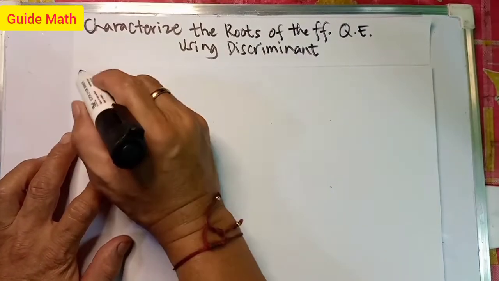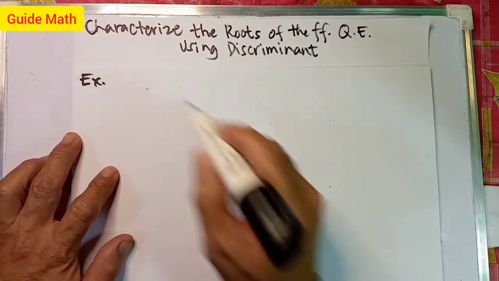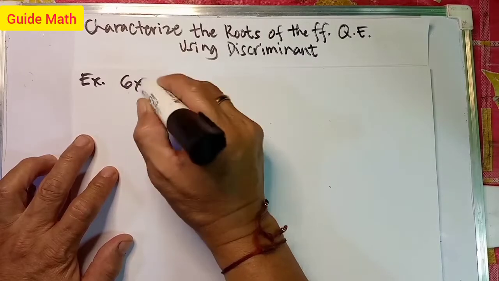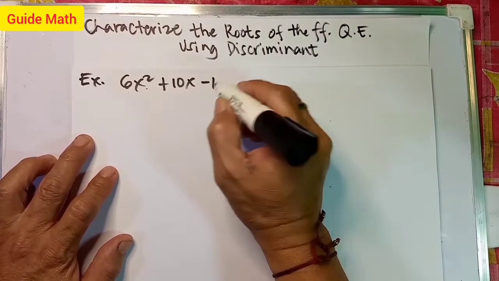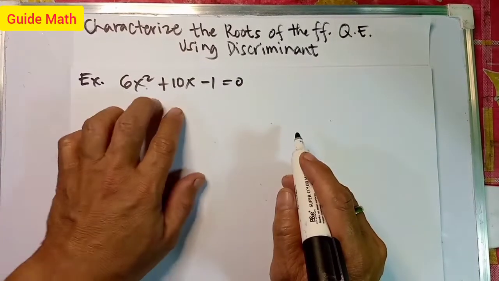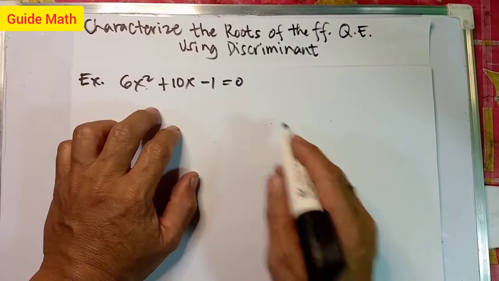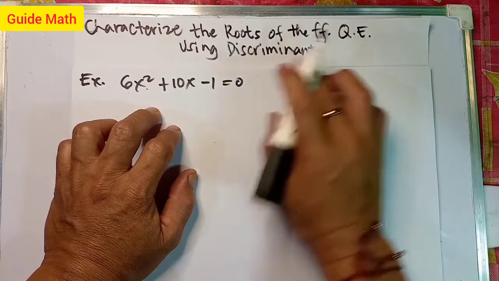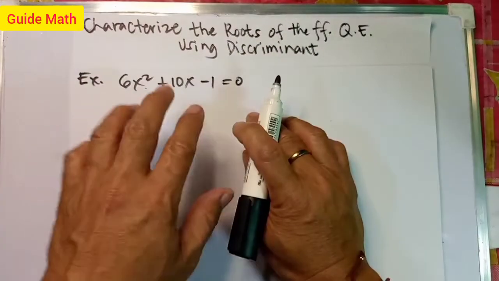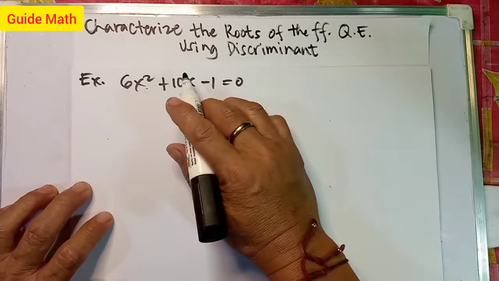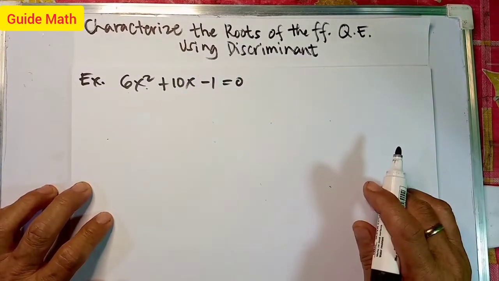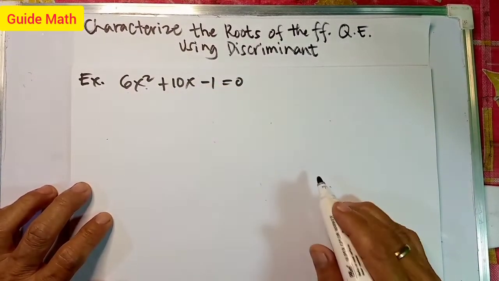Let's say we have example number 1. Sabihin natin 6x squared plus 10x minus 1 is equal to 0. Suppose that the given is not equal to 0, before using the discriminant ay dapat nasa standard form ang given quadratic equation.